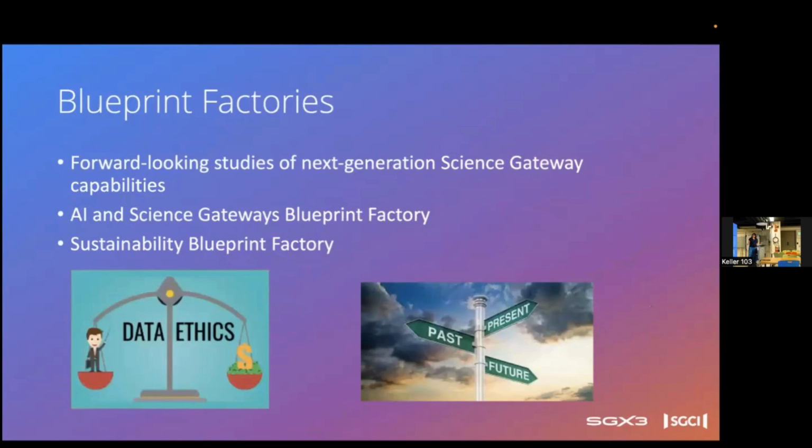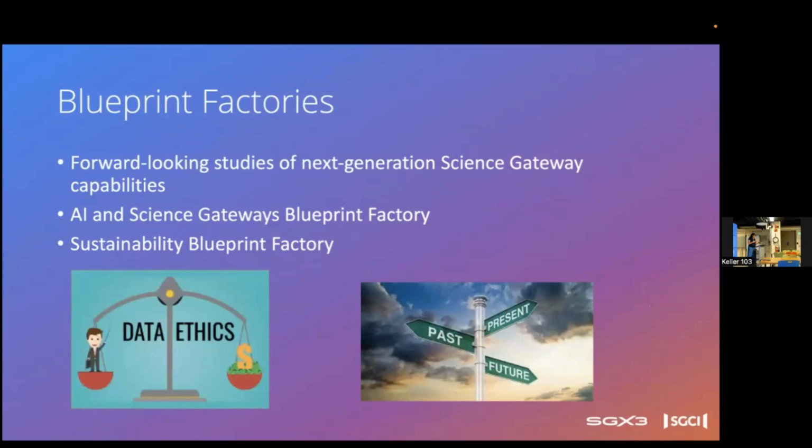So blueprint factories: the idea is, if we need to have something in 5 to 10 years, we need to think about the technology now. These blueprint factories are 18 months, and they look directly into what we need to know about that area and what we need to have developed in 5 years.